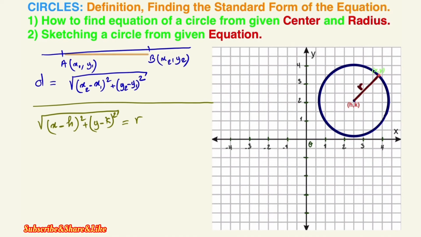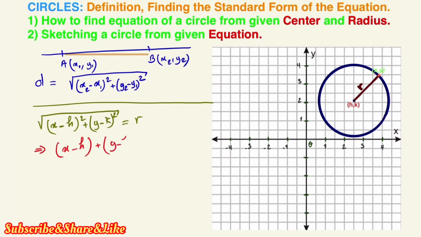So let's square everything to get rid of the square root. So we're going to get (x minus h) squared plus (y minus k) squared equal to r squared. So this is the standard form of the equation of a circle.